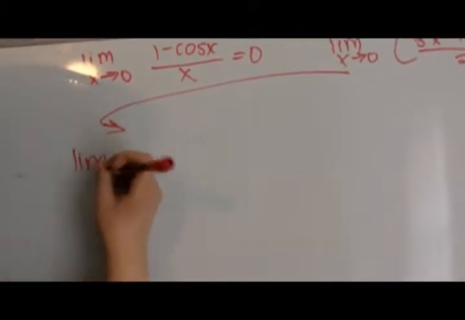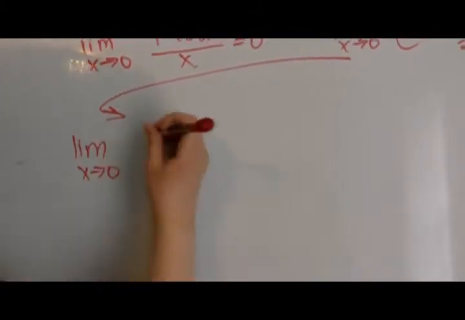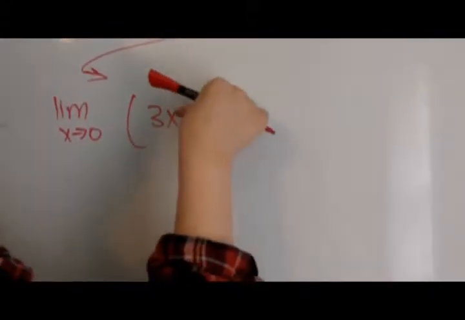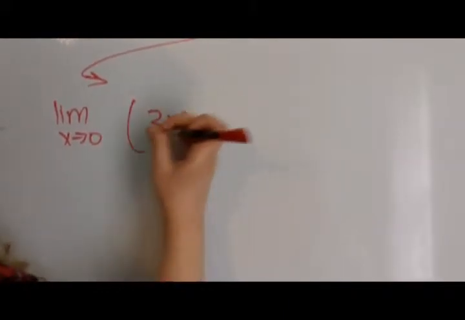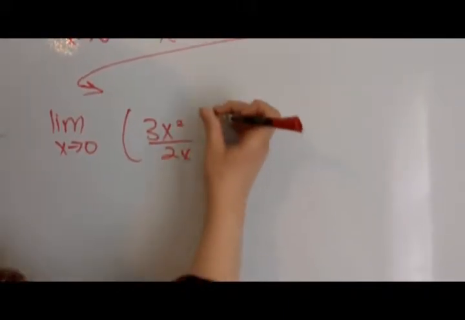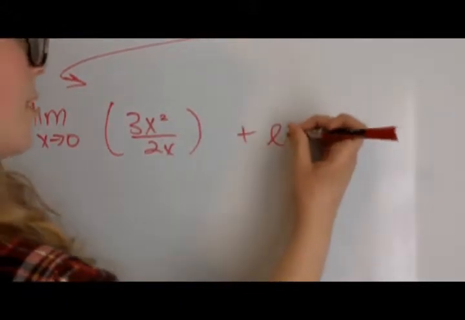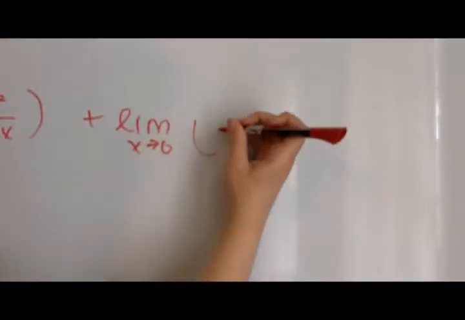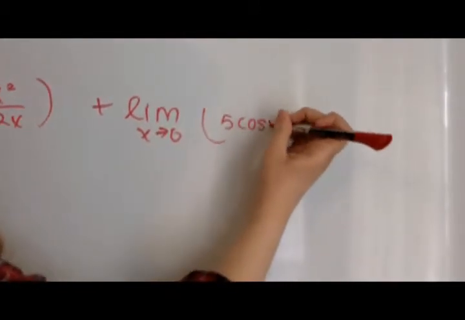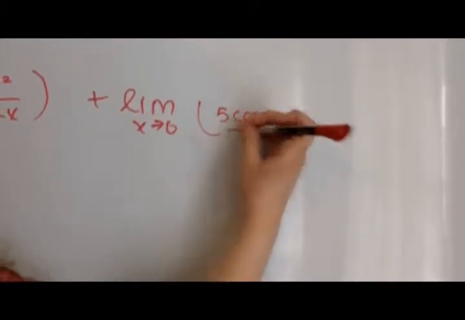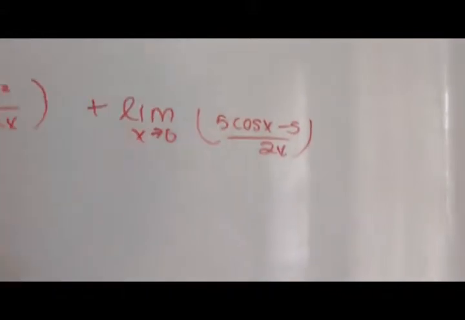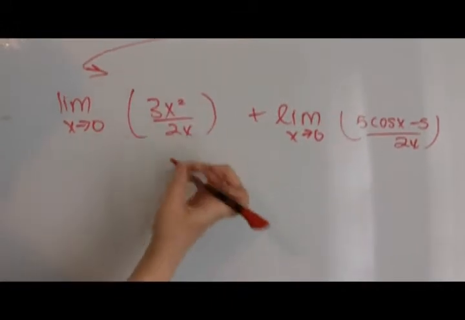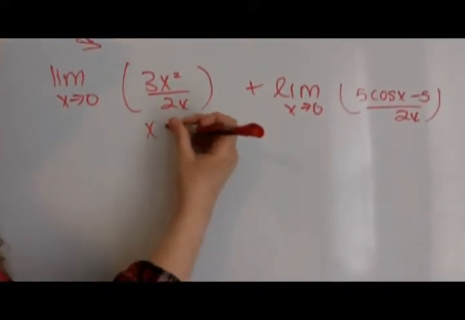So you have the limit as x approaches 0 of 3x squared over 2x plus the limit as x approaches 0 of 5 cosine x minus 5 all over 2x. Now for this one, you can factor out the x's.